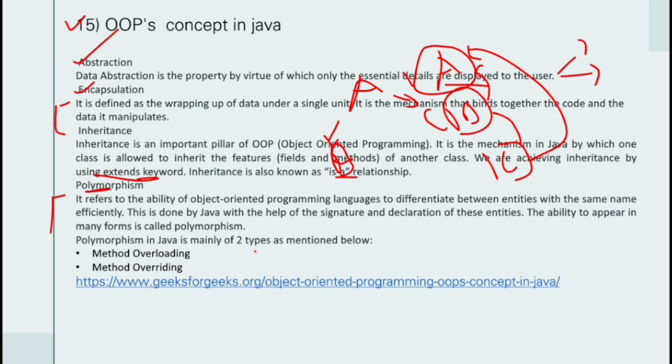The types, sequence, and number of the arguments will all be the same, but in the child class we add our own implementation. I think these are totally clear to you. If you want to know more about this topic, you can see the GeeksforGeeks website for OOPS concepts.